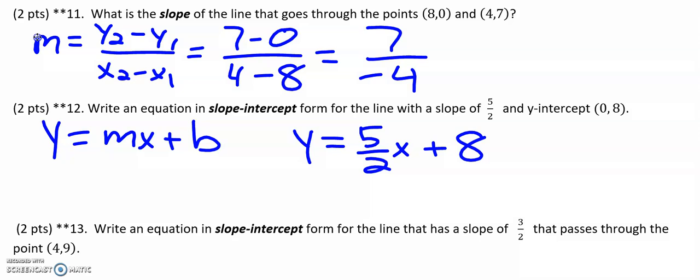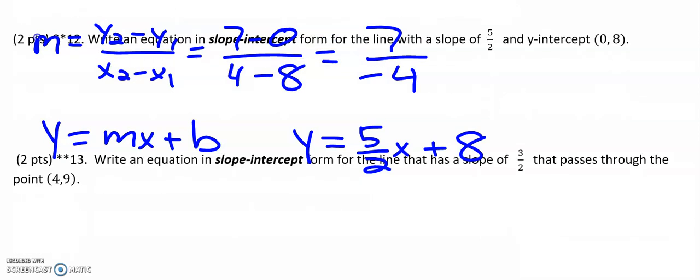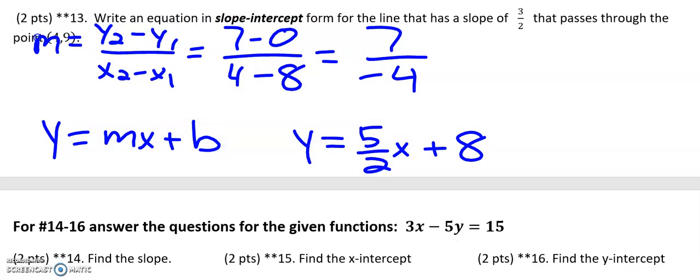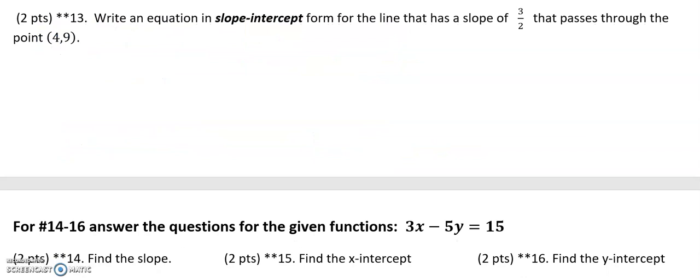Okay, number 13. Guys, we have to, again, write in slope-intercept form, so that is y equals mx plus b. However, it does not give us both pieces of information we need. It gives us a slope and it gives us a point. That point is not the y-intercept, so we are going to have to use point-slope form.